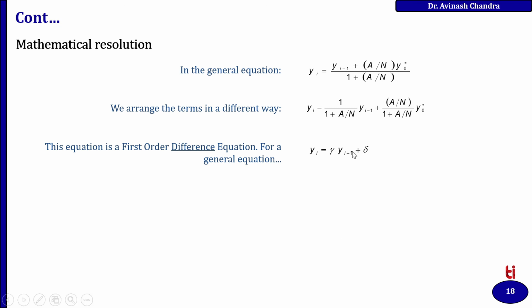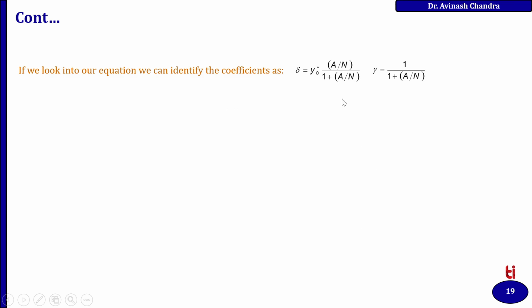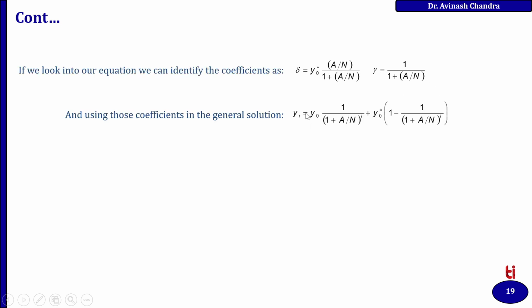If you write it in the general form, yi equals gamma yi minus 1 plus delta. The solution has the following form: yi equals y naught gamma to the power i, plus delta times (1 minus gamma to the power i) upon 1 minus gamma. So putting in the values of delta and gamma, we get the general solution for yi.